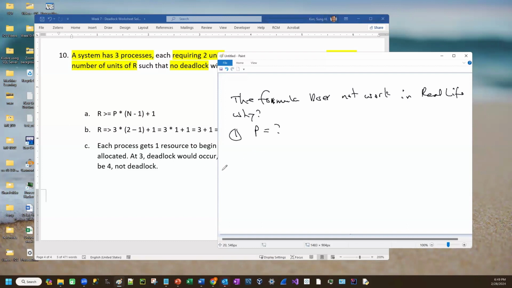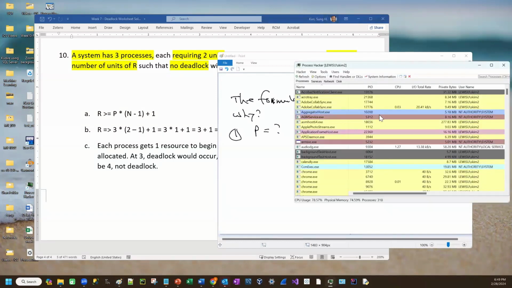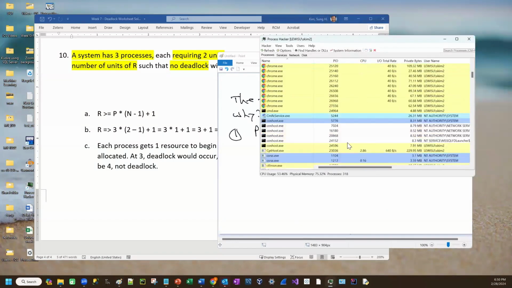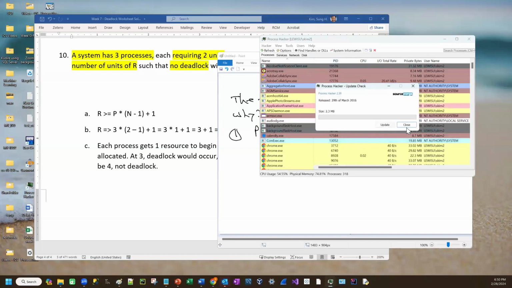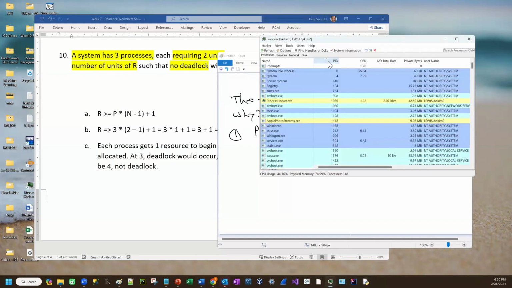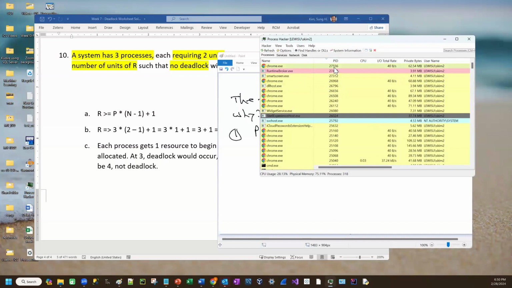When you were using something like Process Hacker, for example, which I can start right now, there are these processes here. If you look at the process ID and sort them, there are 27,000 processes, okay? And so you may be tempted to think, well, okay, there are 27,556. But if I start another, let's say, what's something simple that I could start?